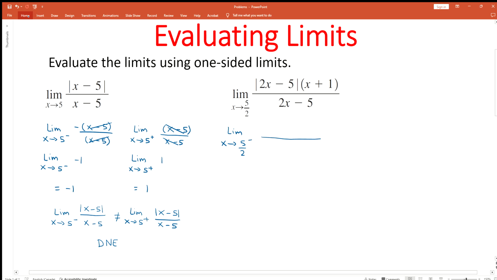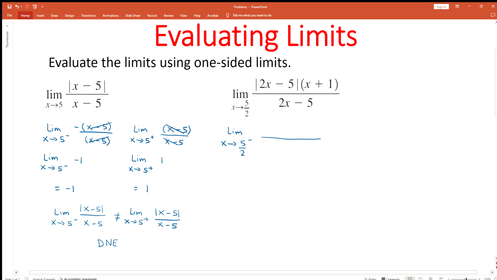We have to get rid of the absolute value function in the numerator. We are calculating the left-hand limit. That means we approach 5 over 2 from the left side. So the value of x will be less than 5 over 2 or 2.5.